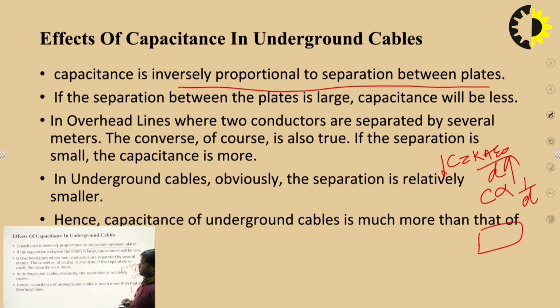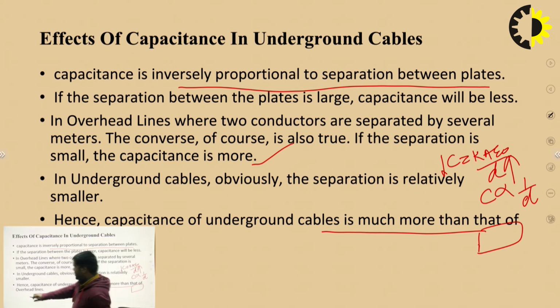In overhead lines, where 2 conductors are separated by several meters, the converse is also true. If the separation is small, the capacitance is more. In underground cables, the separation is relatively smaller. Hence, the capacitance of underground cable is much more than that of overhead lines.